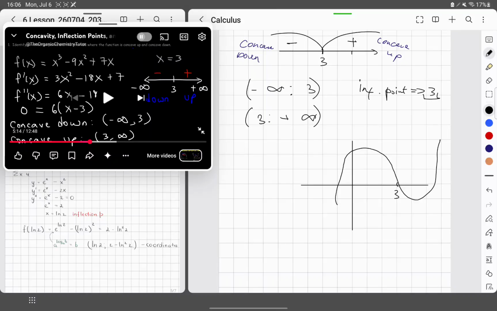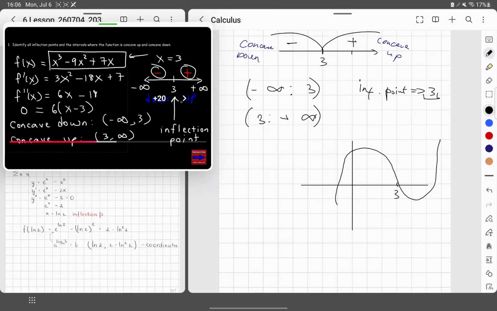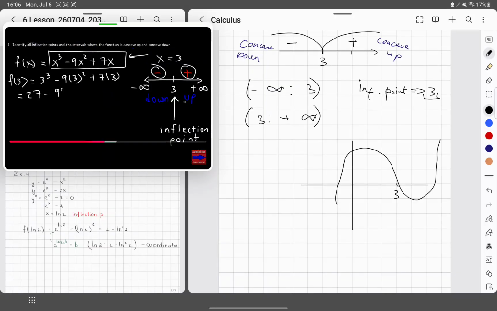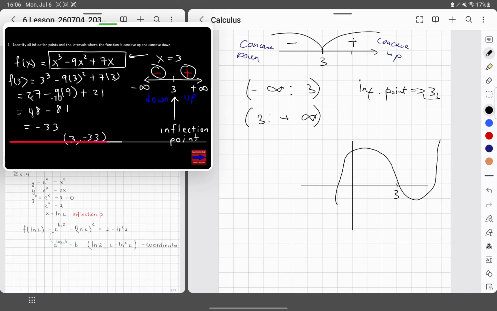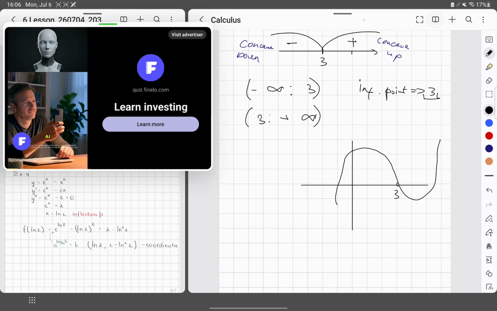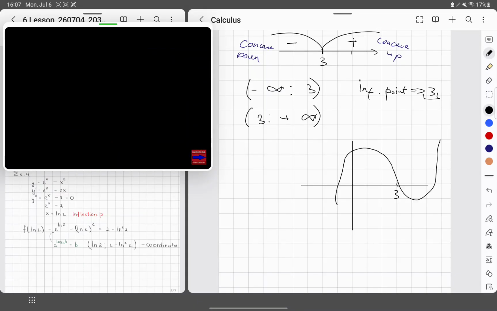Down, and if it's positive, it will be up. Negative, it will be up. The concavity changes. You can write that as an ordered pair.